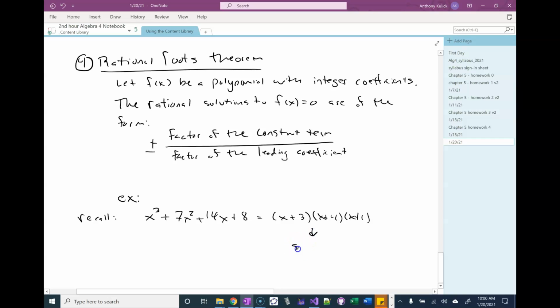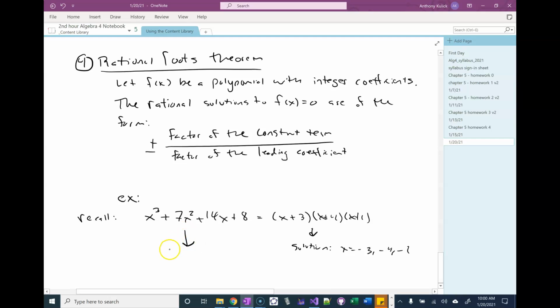So note here that my solutions are -3, -4, and -1. Each of those are rational numbers, because they could be written as a fraction, like -3 over 1, -4 over 1, -1 over 1.